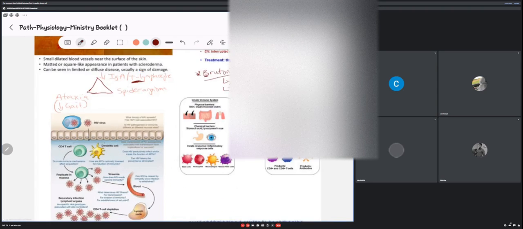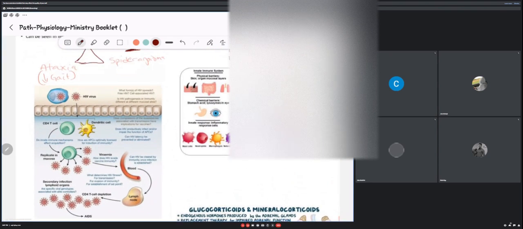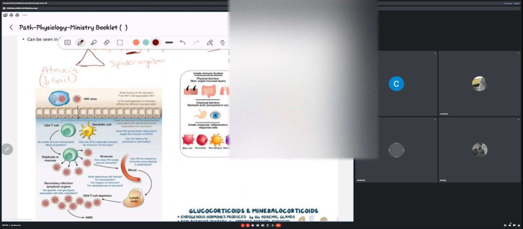All right. The pathogenesis of HIV infection. Pathogenesis here is just talking about how this virus can go into the system itself.